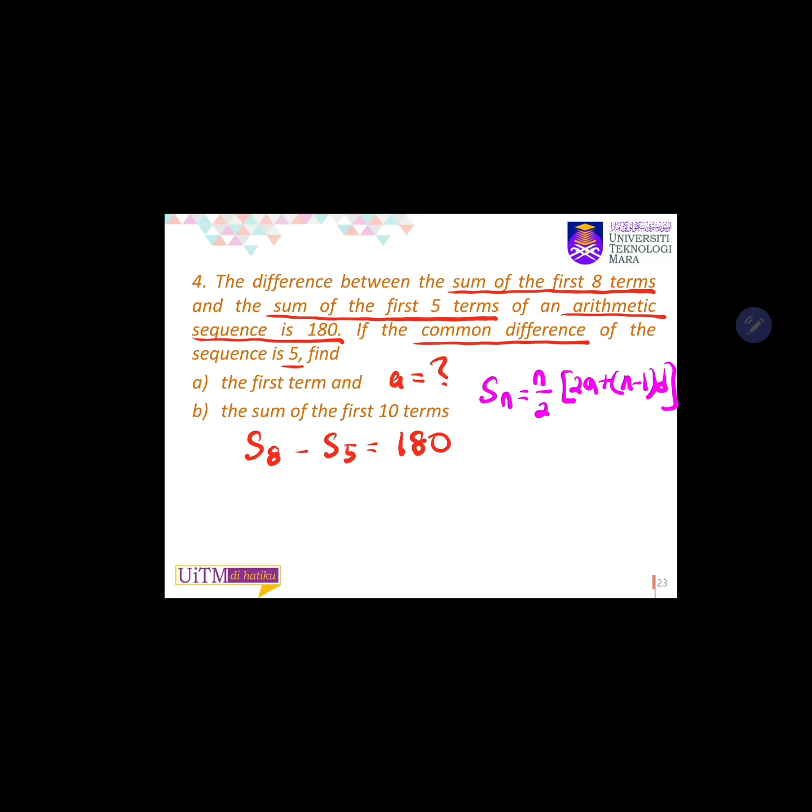So you substitute into the formula: 8 over 2 (2a plus 7d) minus 5 over 2 (2a plus 4d).